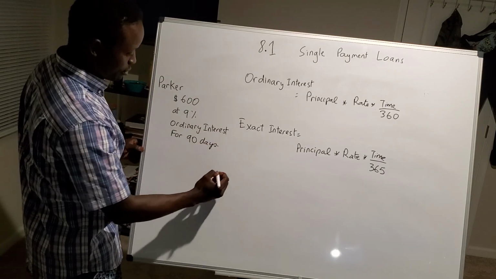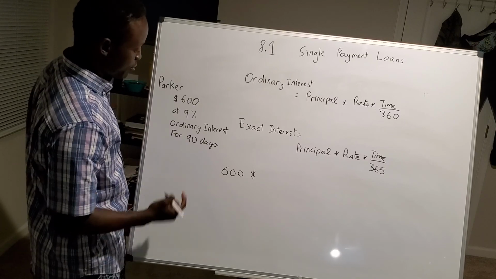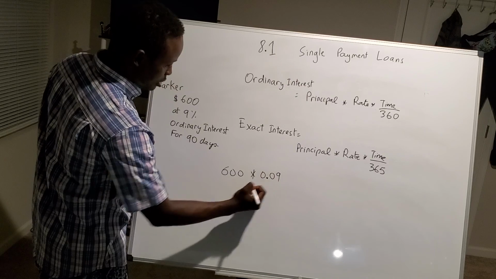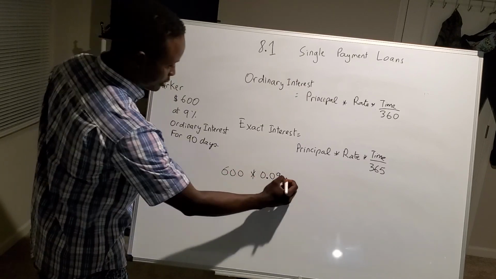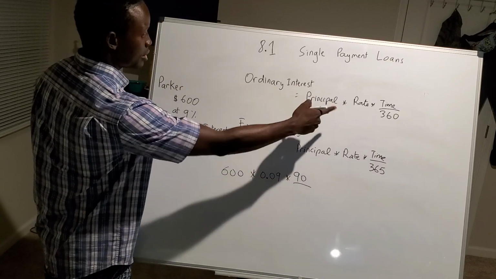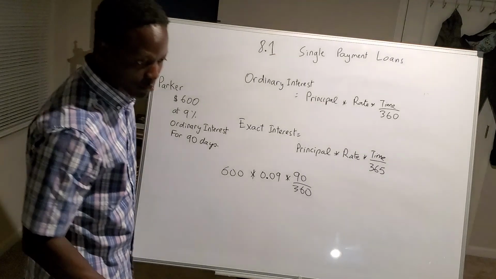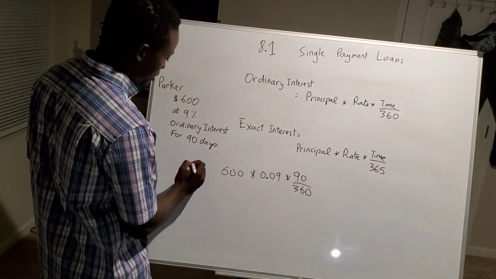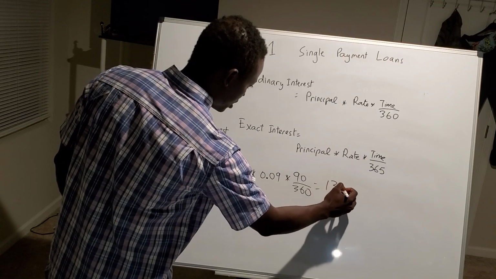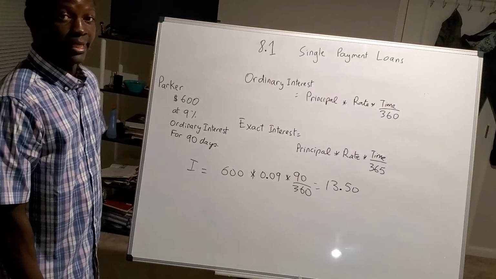So my principal is $600 times my rate is 9%, which is 0.09, and then my time is 90 days, and ordinary interest, so that's 360. All right, so if you do all of that, your interest is $13.50, right?